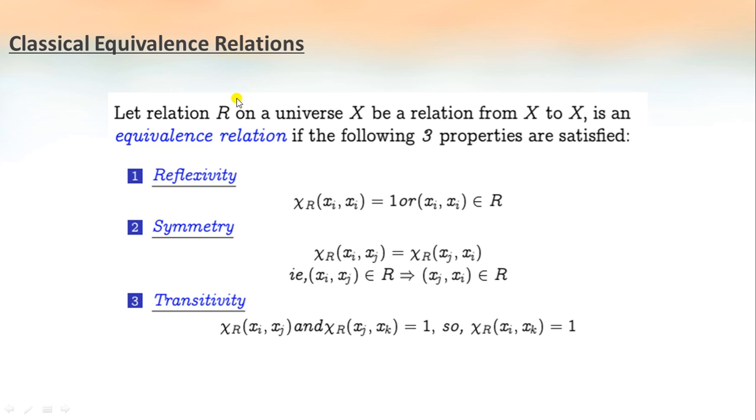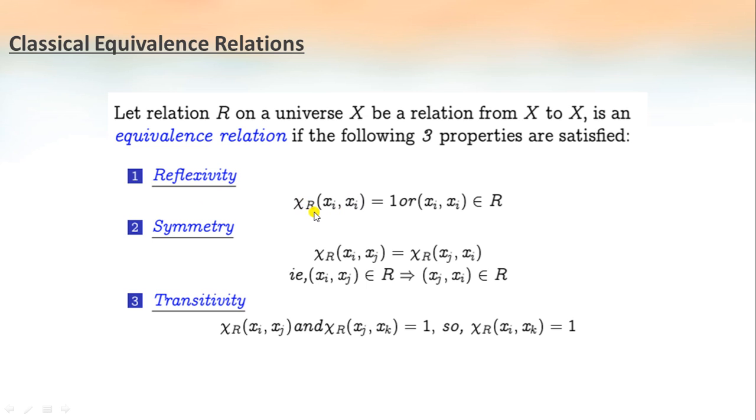Next is classical equivalence relation. Let us take a relation R defined on a universe X, from X to X. This is called an equivalence relation if these three properties are satisfied. First one is reflexivity. That means there should be an edge on the node, that is, a single loop should be present.